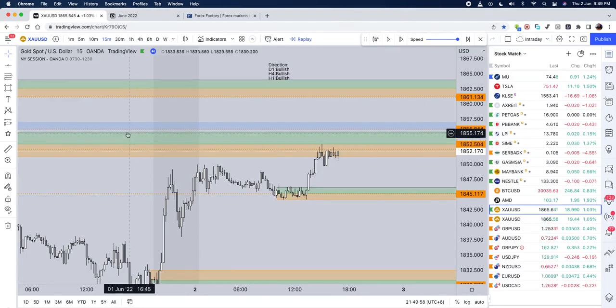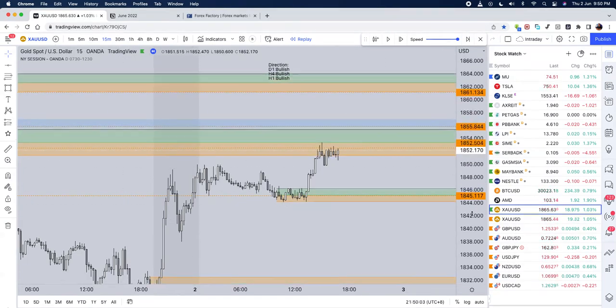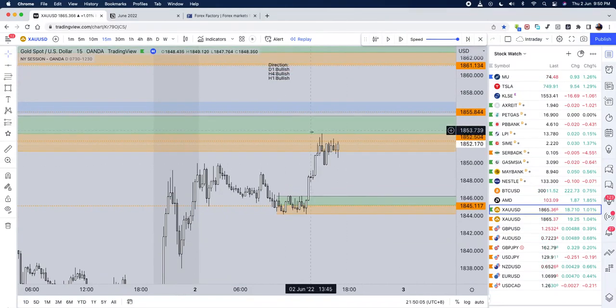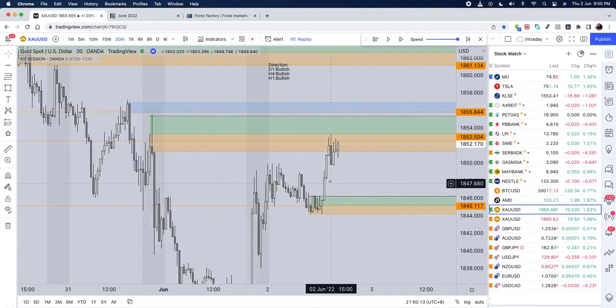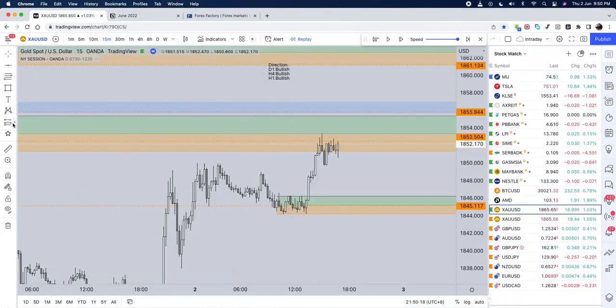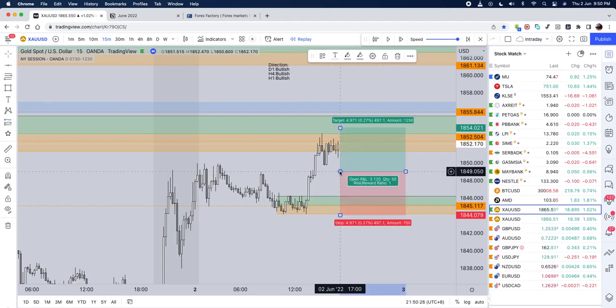So the first trade that I was aiming at that time was this trade, because if we look at the higher time frame, this is a rally-base-rally setup. So I was placing a long here, waiting for the price to come back to this level.